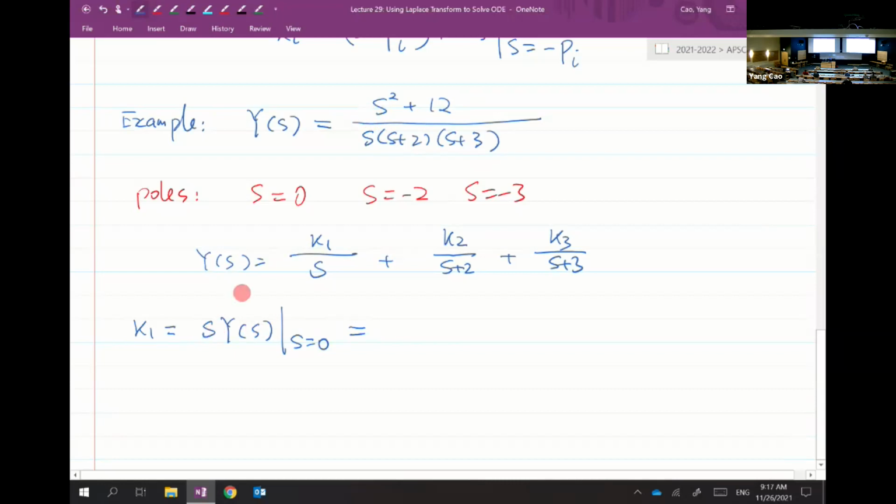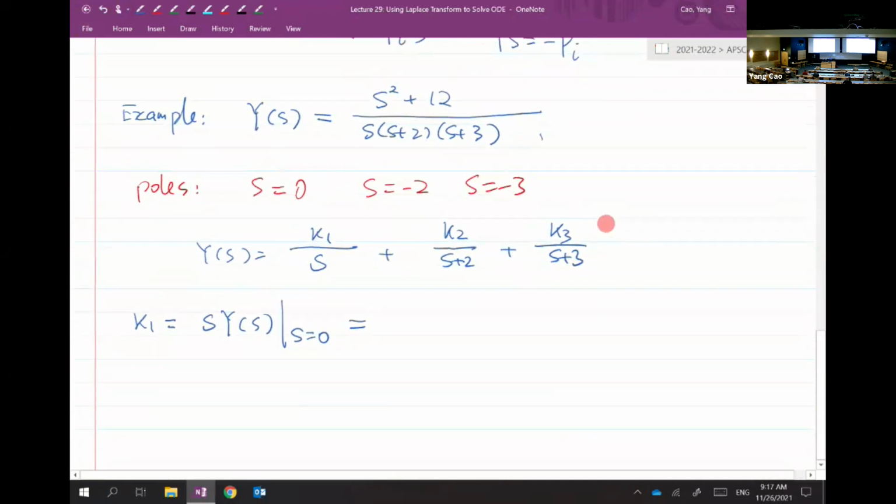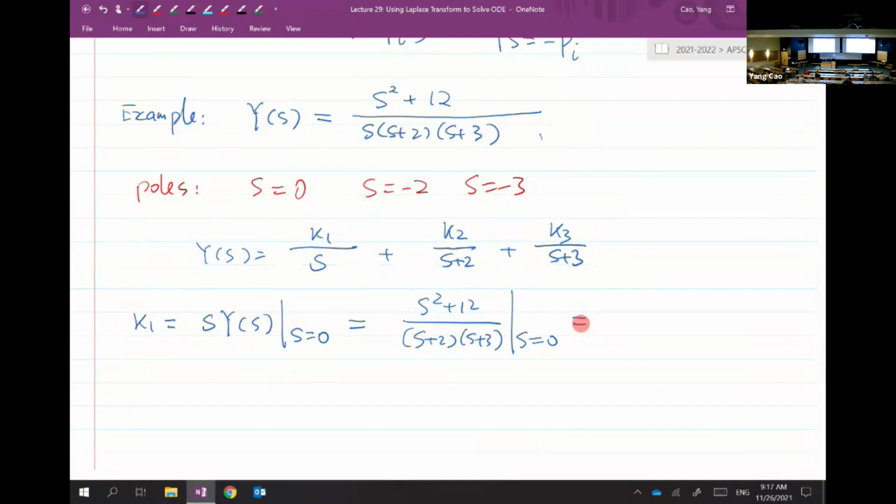If I multiply s by the original expression, this s cancels, and you end up with (s squared plus 12) over (s plus 2)(s plus 3), and then replace s with 0. If you don't do that, you actually end up dividing by 0, which is infinite. So 12 over 2 times 3, which is 6, and you get 2.